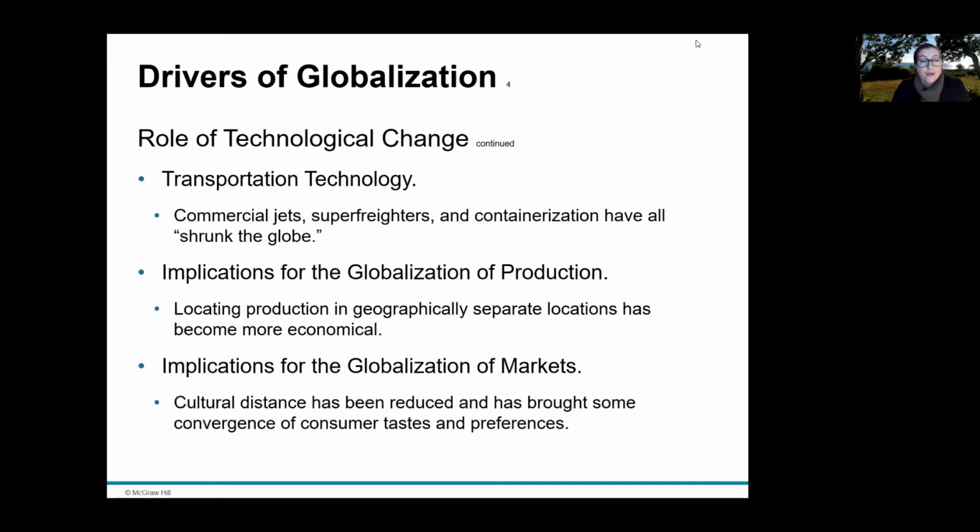So globalization of markets has meant that cultural distance has reduced, and there has been some convergence of consumer tastes and preferences. The implications for the globalization of production has meant that international operators can locate their production in different locations that are more economical.